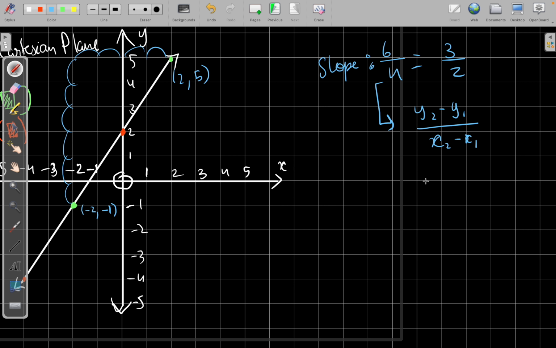Then it's going to be, let's label this x2 and y2 and x1 and y1 to make it simpler.